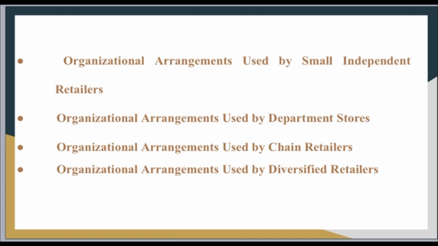Next, the organization pattern in retailing is different from store to store. There are mainly four different kinds of organization arrangement: those used by small independent retailers, those used by departmental stores, those used by chain retailers, and the last one, those used by diversified retailers.